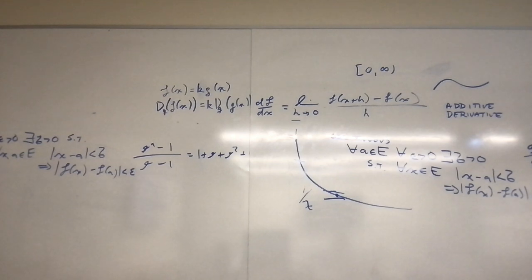So the partition is those 5 points between A and B, including A and B. So you're just chopping it into sections.